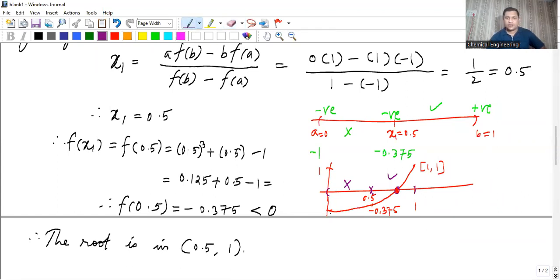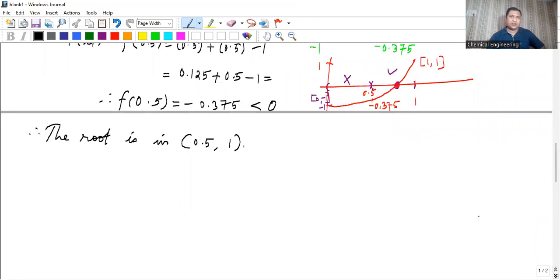So I'll write here, this is going to be 0 -1 and this is -1. Is there any doubt? So we got our first approximation that the root is in between 0.5 and 1, and hence we can now find x2. So what will x2 be? This is now the new a and this is b.